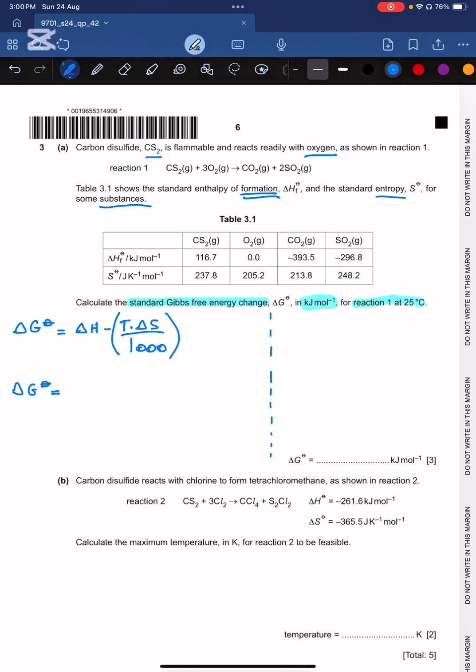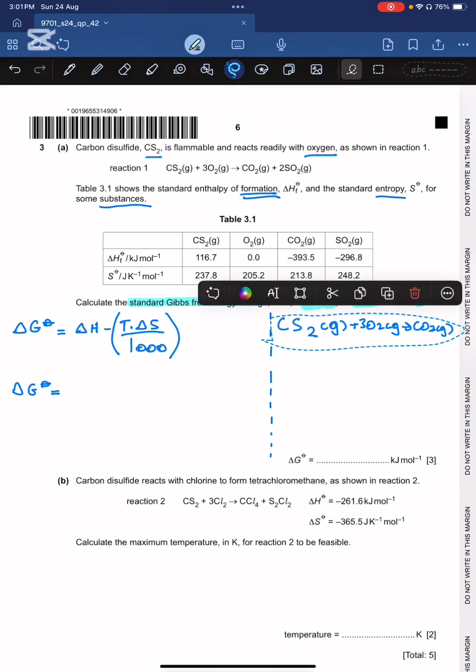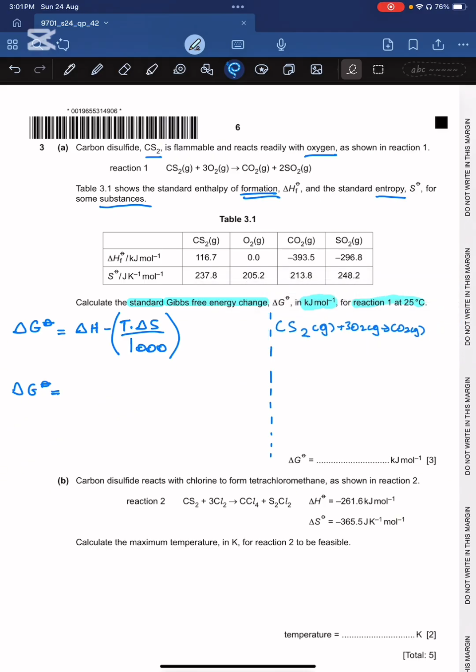For the enthalpy change of formation, the way we make a Hess cycle is: here we write down the reaction, and here we write down the reactants, and we point the arrow upwards as we have done in AS level. So I just write the entire reaction here: CS2 gas plus 3O2 gas makes CO2 gas plus 2SO2 gas.